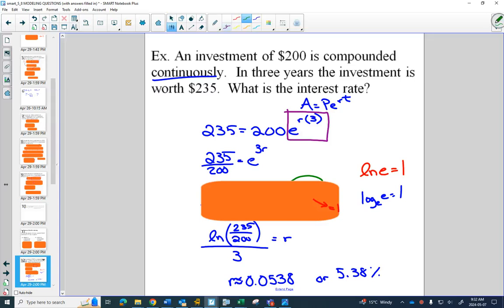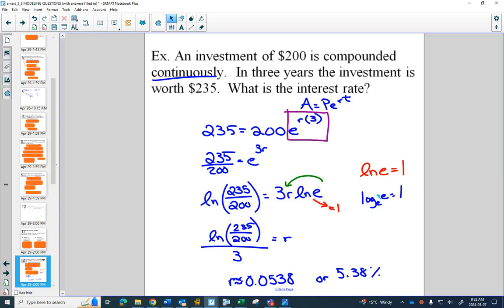Because if you put a little question mark there and said, e to what power is e, it's equal to 1. So when I take the log of both sides on this question, I would take the natural log of both sides. My exponent would come out in front, and my natural log of e, well, that's just equal to 1. So when I want to get r by itself, all I have to divide by is 3.